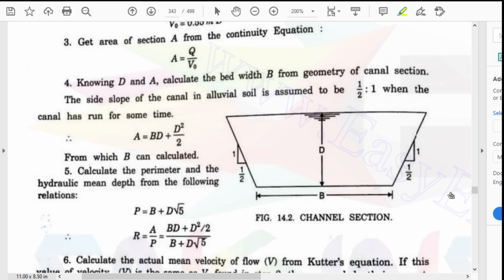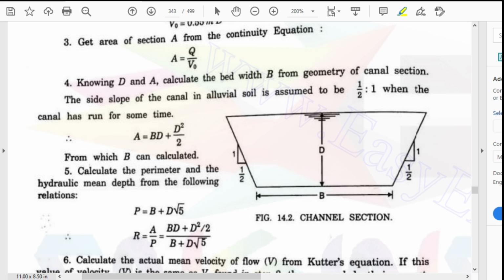So area is the known value, depth is the known value, so by using this equation you can find out the bed width B. Now bed width is obtained, depth we have, so we can find out the wetted perimeter. Okay, wetted perimeter of this is P equals B plus D root 5. So by using this wetted perimeter and the area of cross section you can find out the hydraulic radius or hydraulic mean depth.